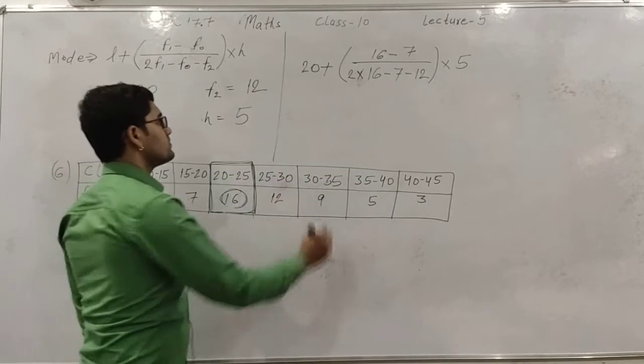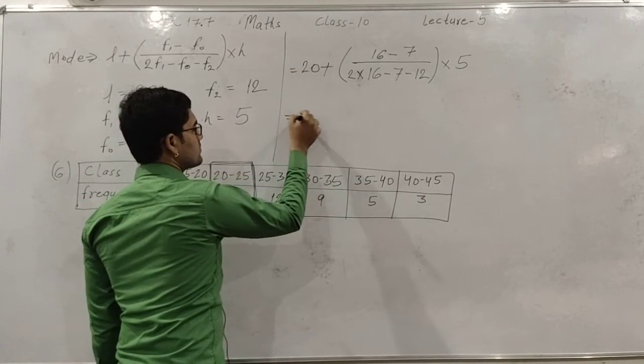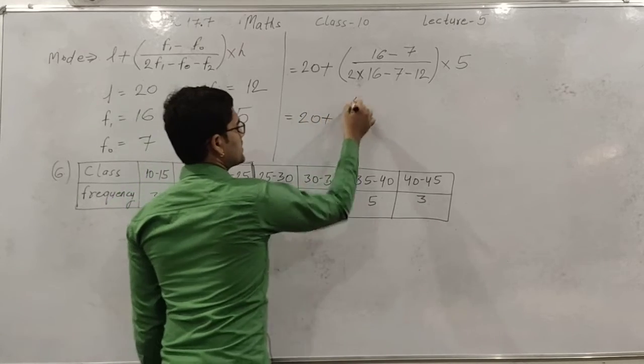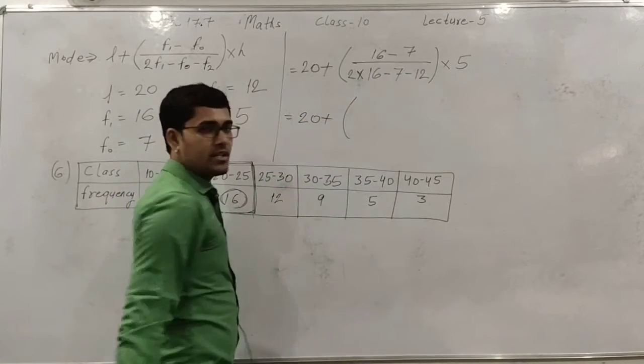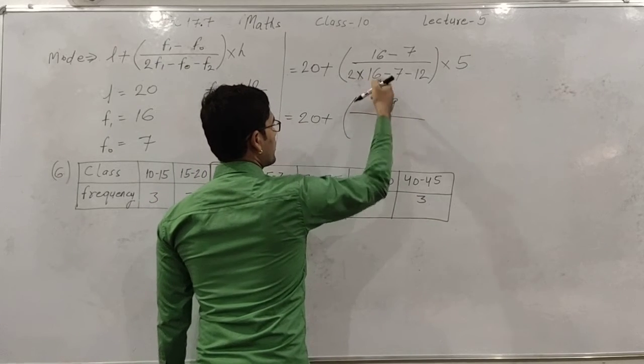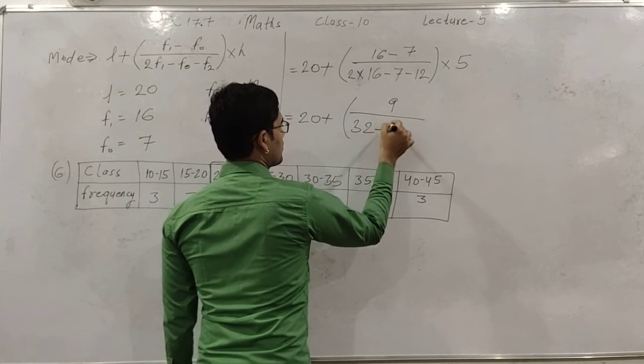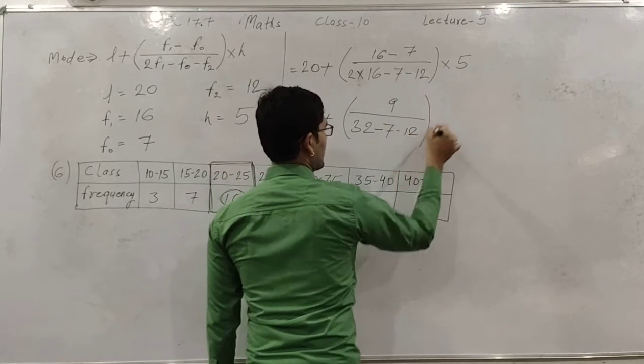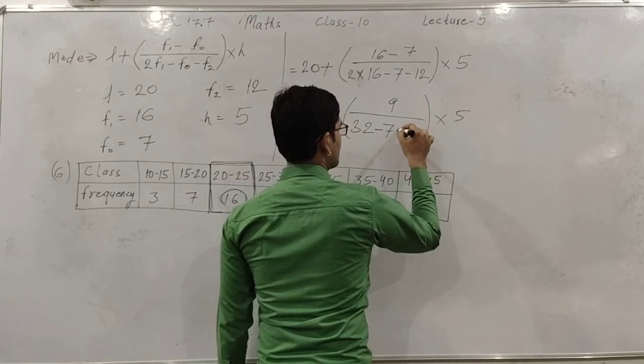Calculate it. 16 minus 7 is 9. 2 into 16 is 32, minus 7, minus 12, multiplied by 5.